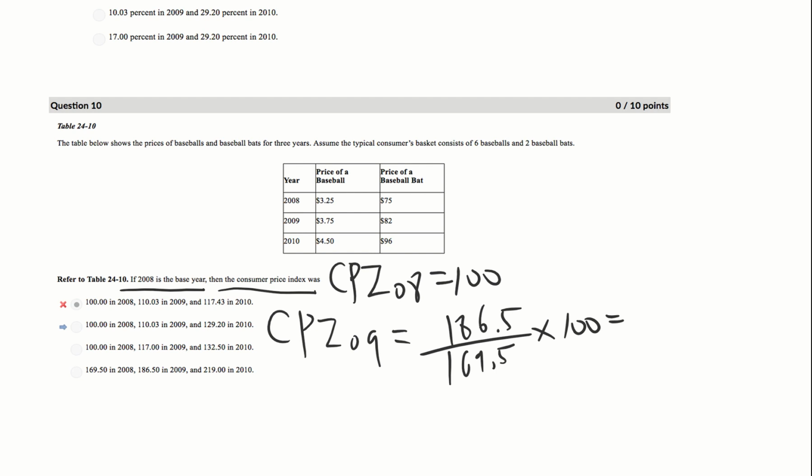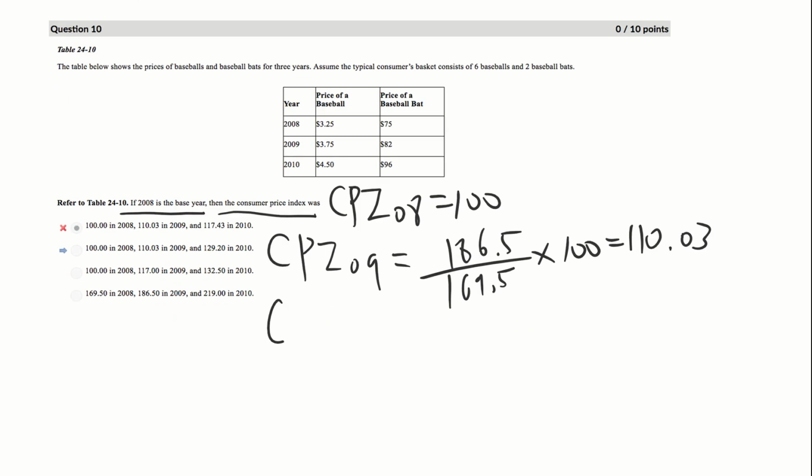This is your CPI for 09. So 186.5 over 169.5 should be 110.03.